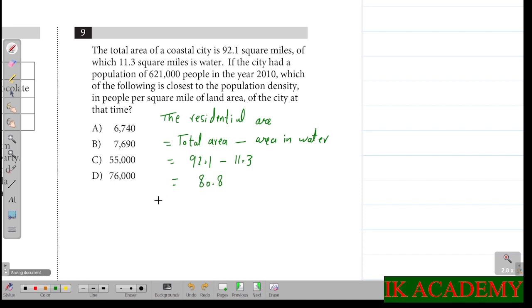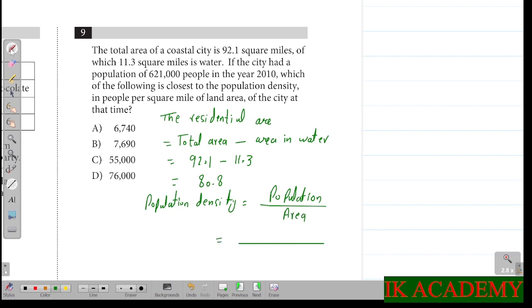So the population density is equal to population divided by area. Here we were given the population, 621,000, and the area, which is the residential area, is 80.8 square miles.